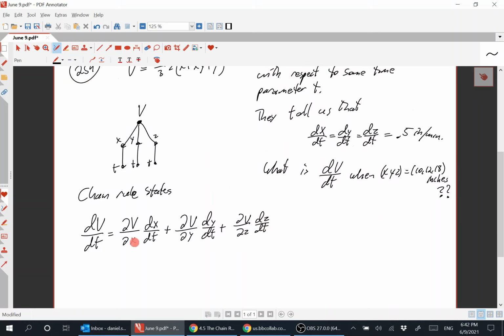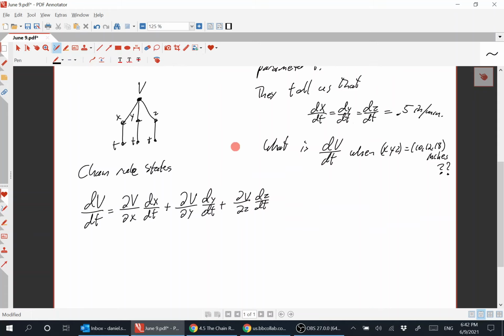So you can figure out these partial derivatives. dx/dt, dy/dt, and dz/dt are all this constant here, half an inch a minute, and then you're wondering about the point in time when x, y, and z is 10, 12, and 18. Okay, so we just have to fill in the blanks here, right?